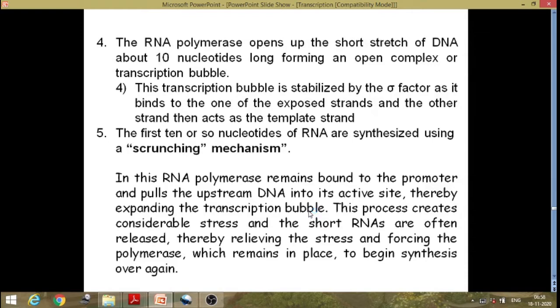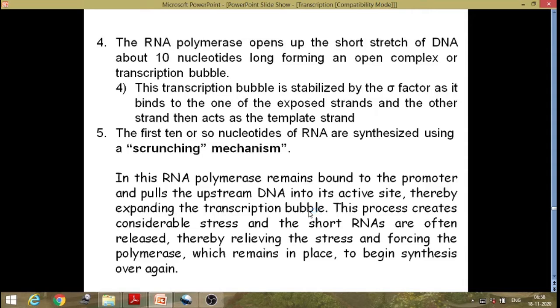Because of this squeezing, considerable stress is generated, and the short RNA molecules which are synthesized, around 10 nucleotides long, are aborted.